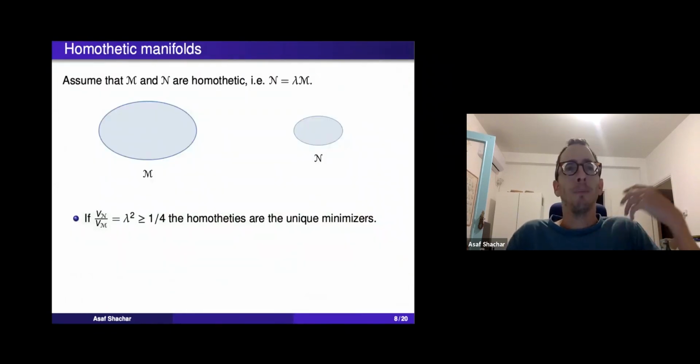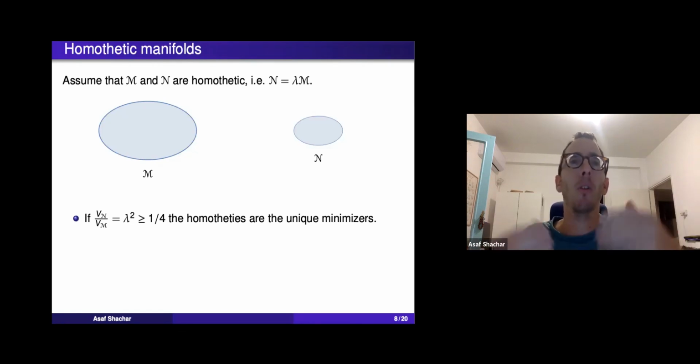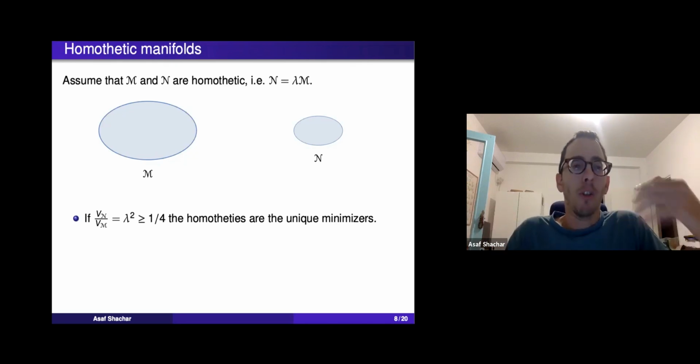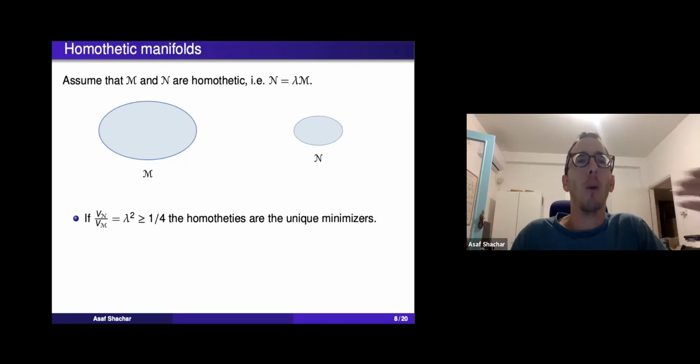So now I want to focus on a specific case where I assume that M and N are homothetic. In other words, the target space N is just a smaller shrunk copy of the source space M. And our statement from before was that if the ratio of areas, which is lambda squared, is greater or equal than quarter, okay, sorry, I forgot to say.